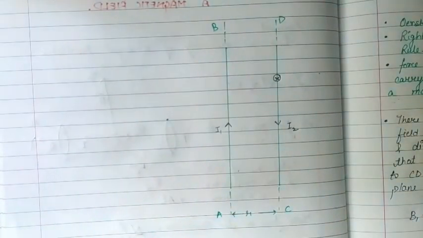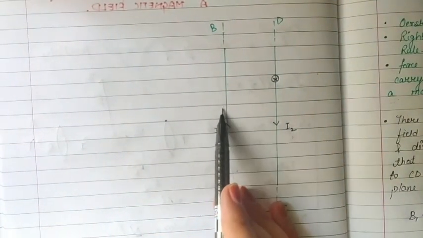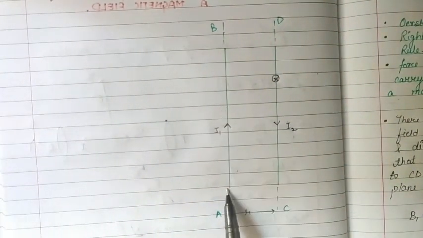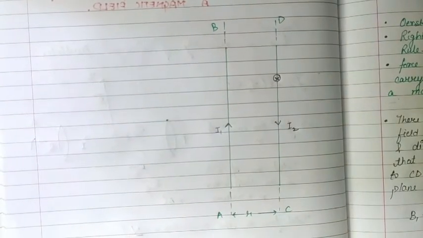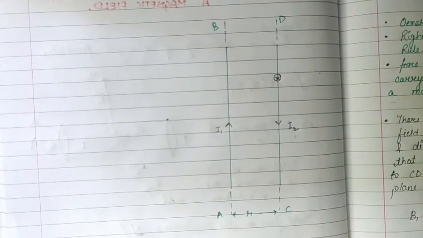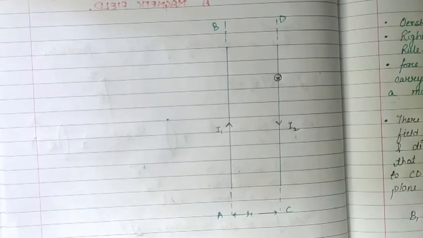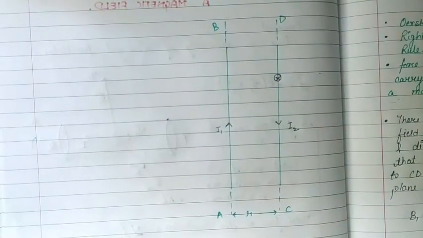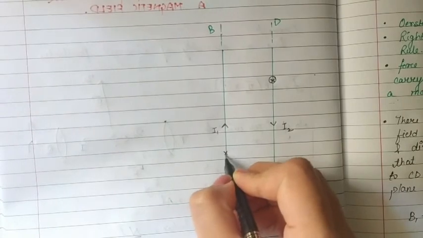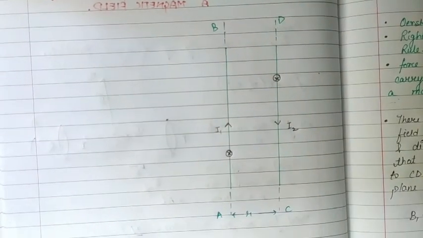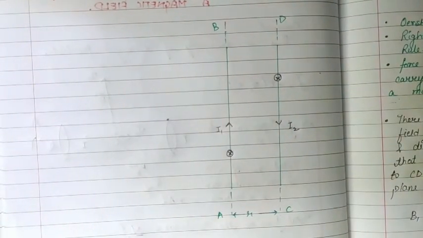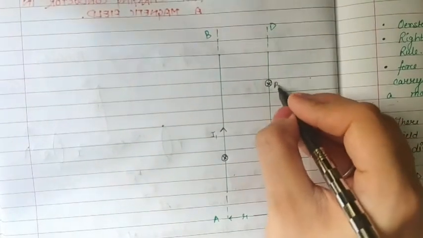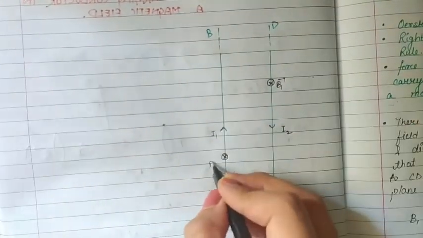So this time the magnetic field at conductor AB will also act perpendicular to wire AB and into the plane of paper. Again here at AB we represent the magnetic field by a cross. So this is the field B1 and this is the field B2.